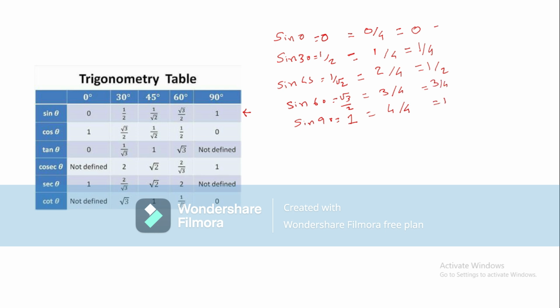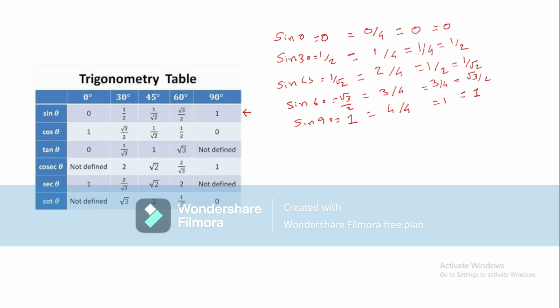Now if we take the square root of these values, square root of 0 is 0, square root of 1 upon 4 is 1 by 2, square root of 1 by 2 is equal to 1 upon under root 2, square root of 3 by 4 is equal to under root 3 by 2 and square root of 1 is 1. So based on that, we can remember the values of sine 0, sine 30, sine 45, sine 60 and sine 90.